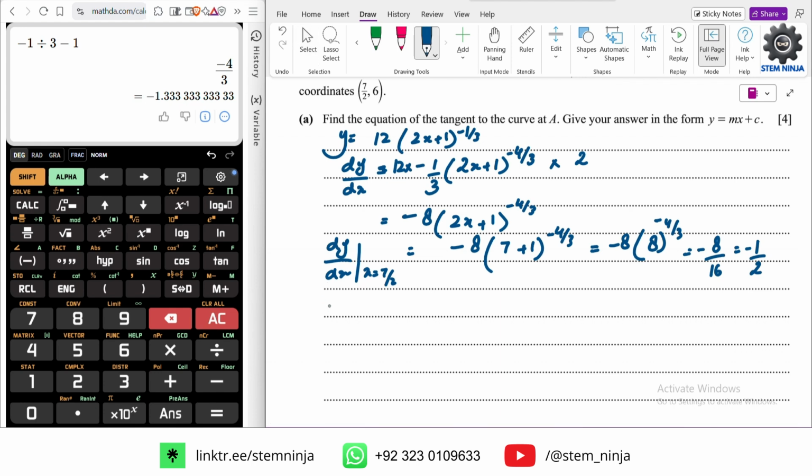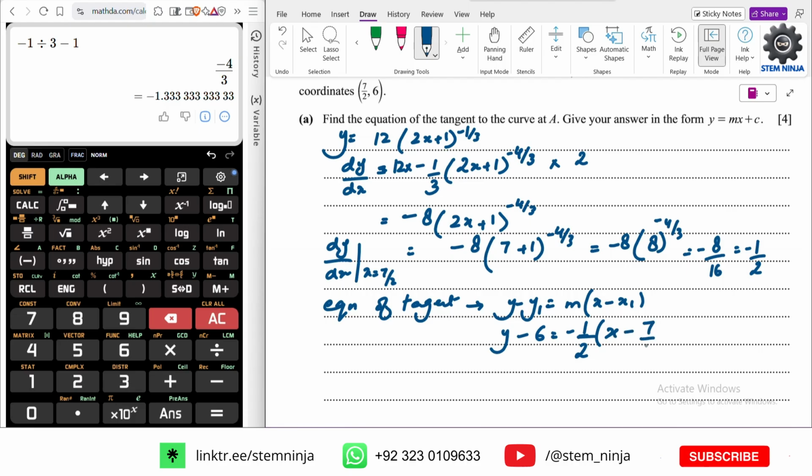So now we need the equation of the tangent. The equation of the tangent is y minus y1 equals m, which we already have, times x minus x1. So y minus 6 equals minus 1 over 2 times (x minus 7 over 2).